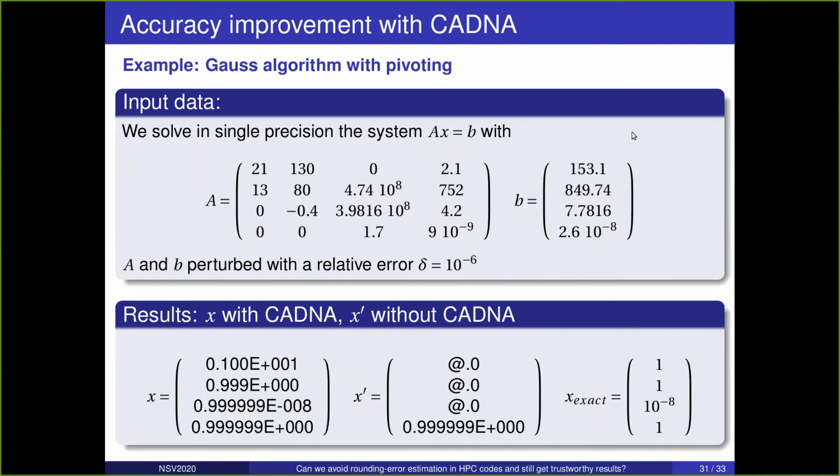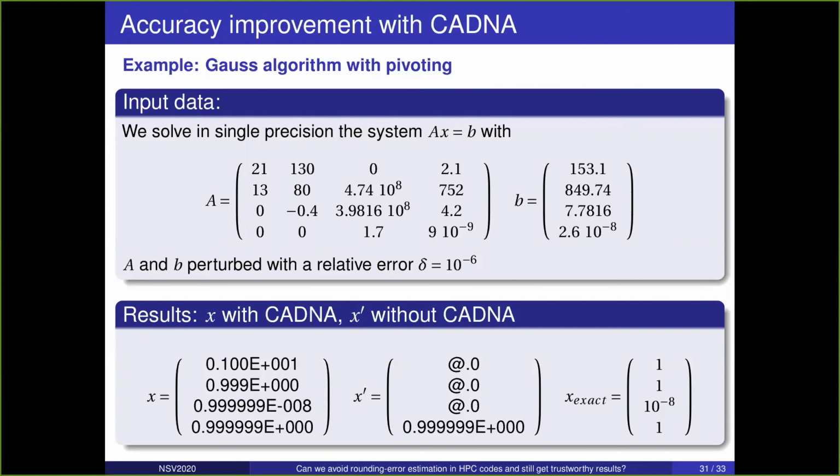Okay, so the other advantage of CADNA is the accuracy improvement. Here we have, as an example, the application of Gauss algorithm with pivoting. So we want to solve this linear system in single precision, and A and B are perturbed with a relative error 10 to -6.